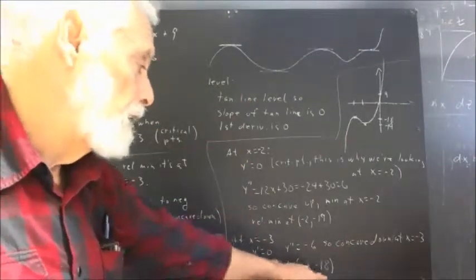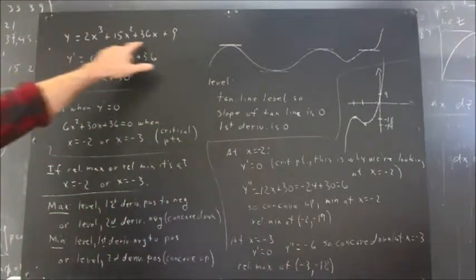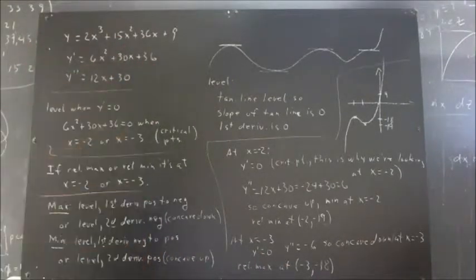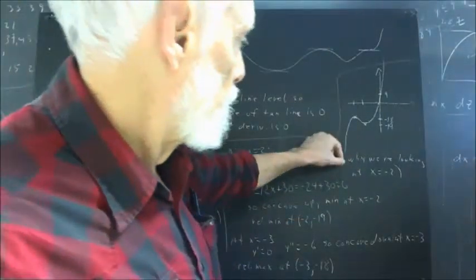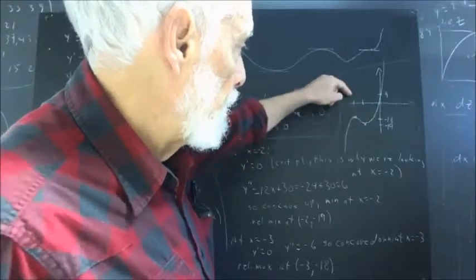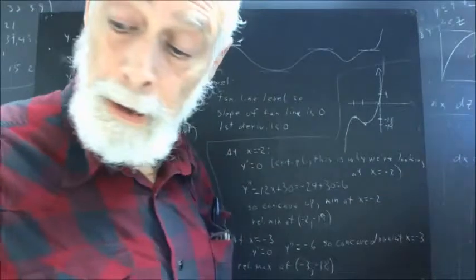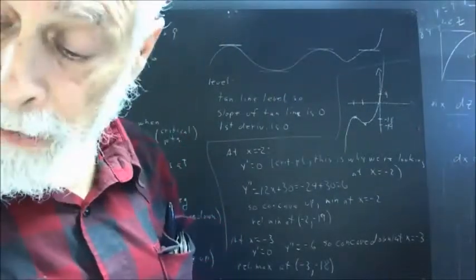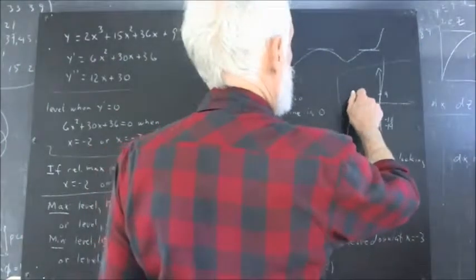If we get the coordinates of the -3 point by plugging -3 in for x up here, we get y equals -18, giving us this picture. We have a graph that hits -18 as a relative max at x equals -3, and then hits -19 as a relative minimum at x equals -2.